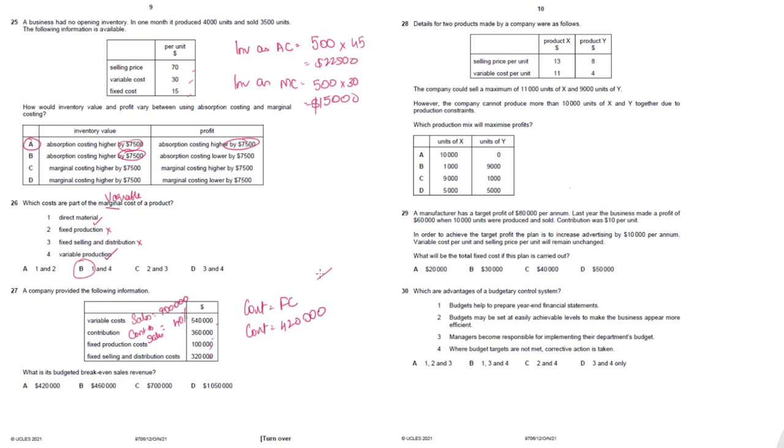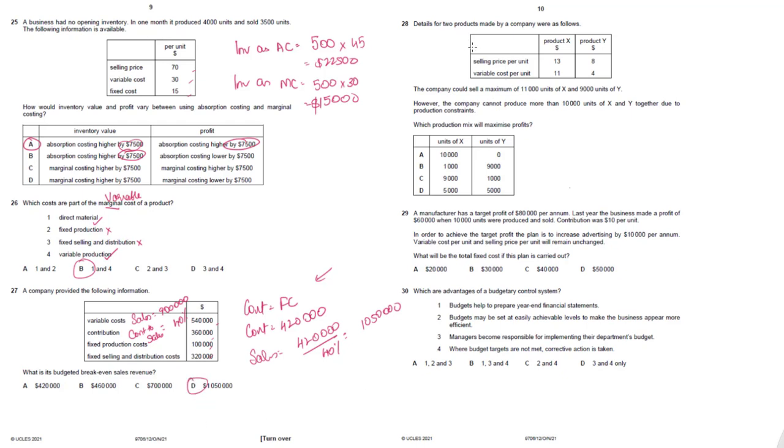Now in the case where the company is making break even, contribution has to be 420,000. So our sales is going to be 420,000 divided by contribution to sales ratio of 40%. 1,050,000. So option D.